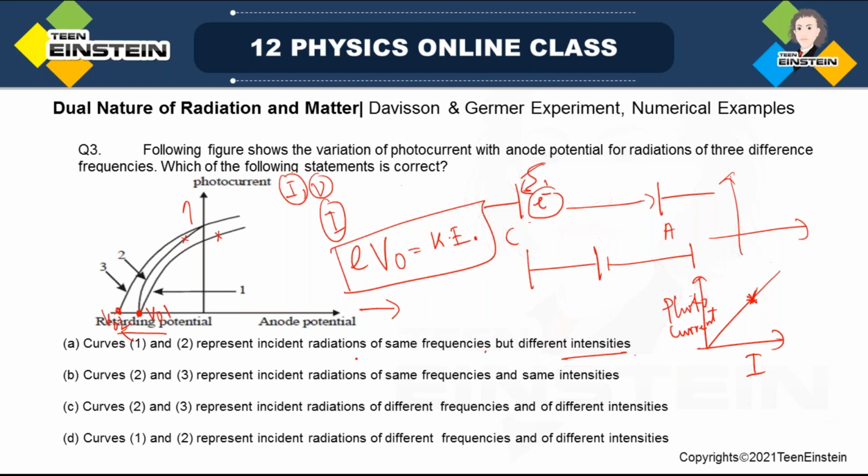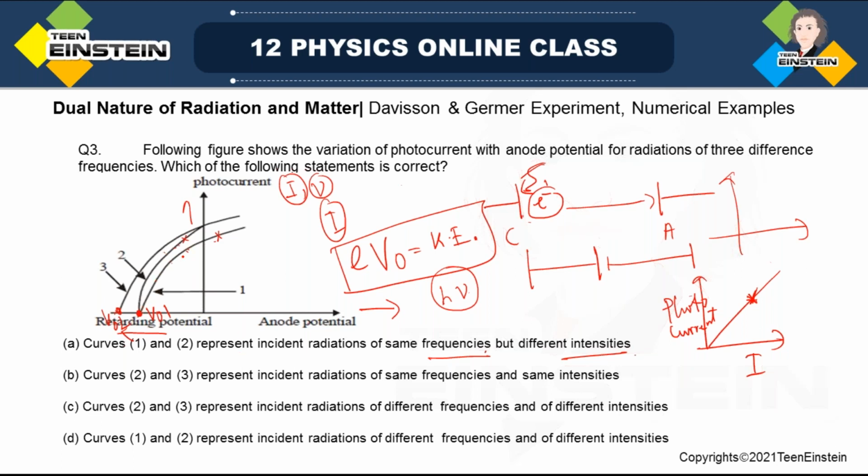Now let us see radiations of the same frequency. See, this stopping potential is directly proportional to frequency. If the frequency of these two are the same, then only the photocurrent is going to become zero for these two radiations at the same stopping potential.